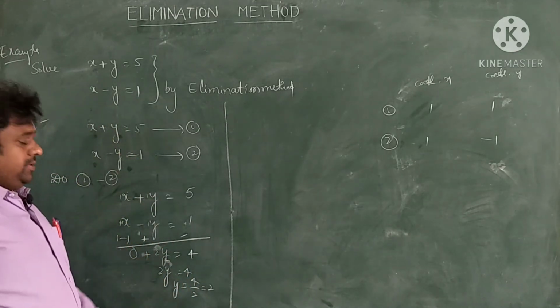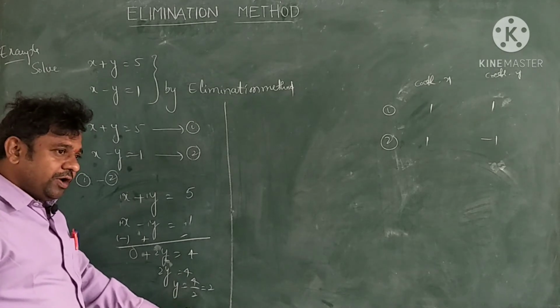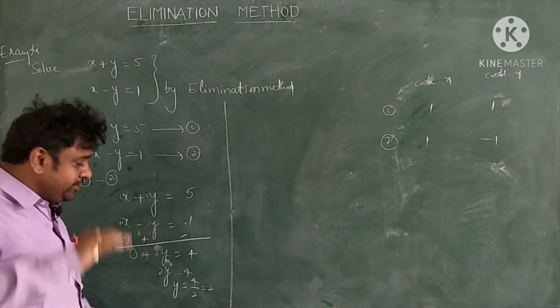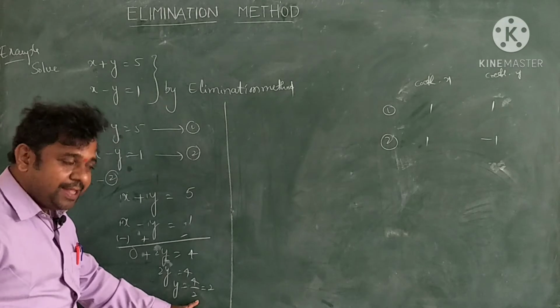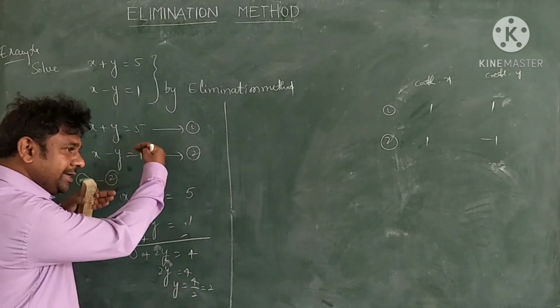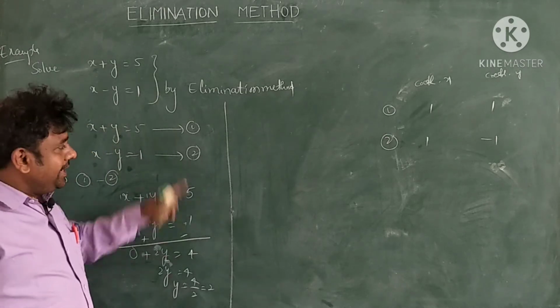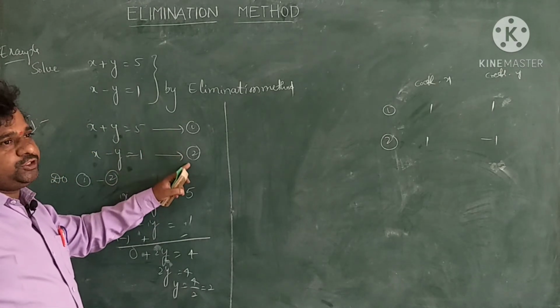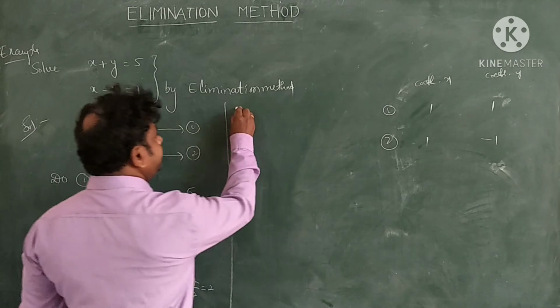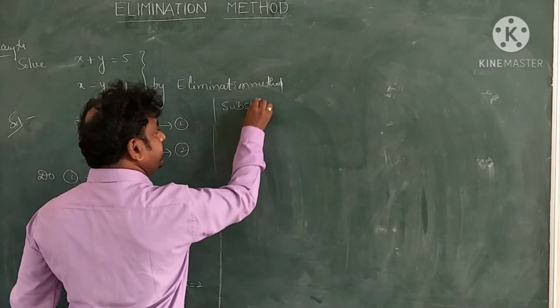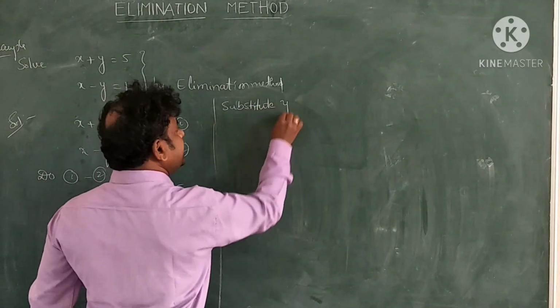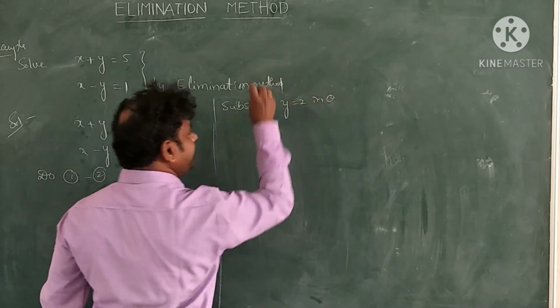For finding the value of x, we can substitute the value of y in either equation 1 or equation 2. For example, substitute y is equal to 2 in equation 1.